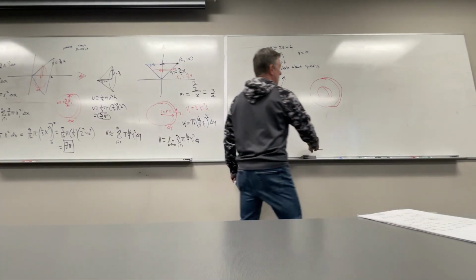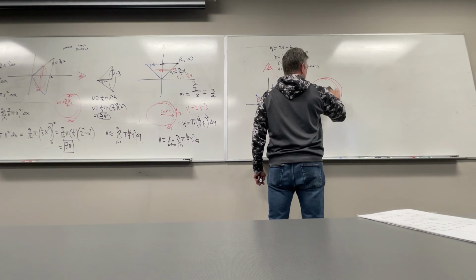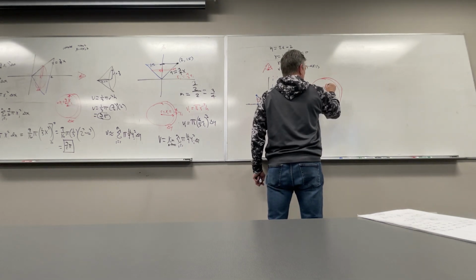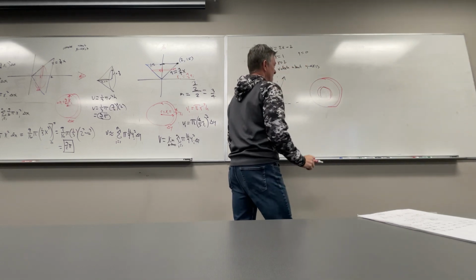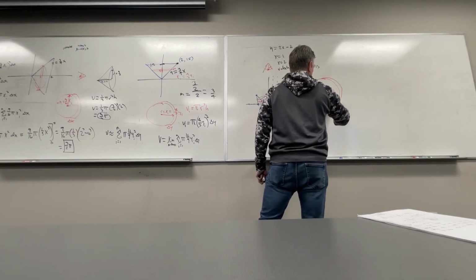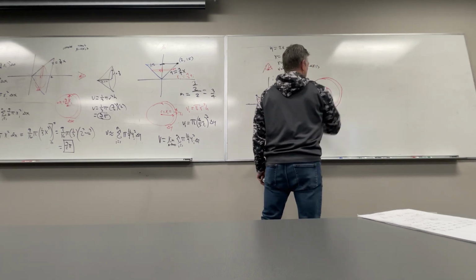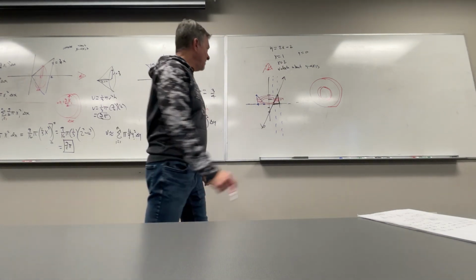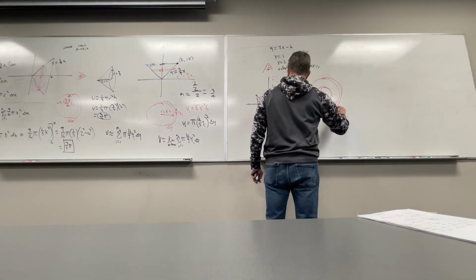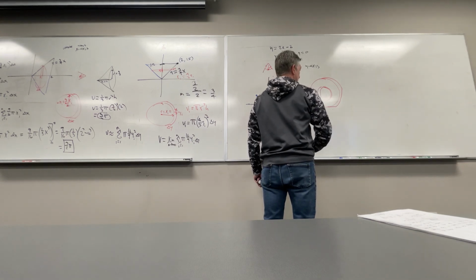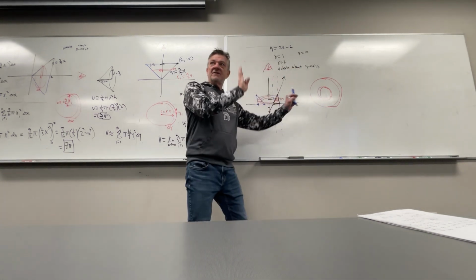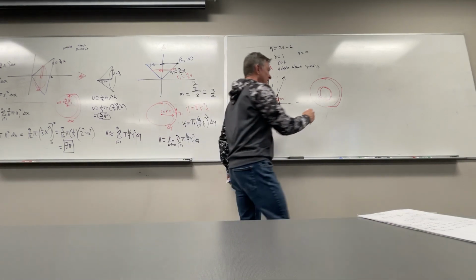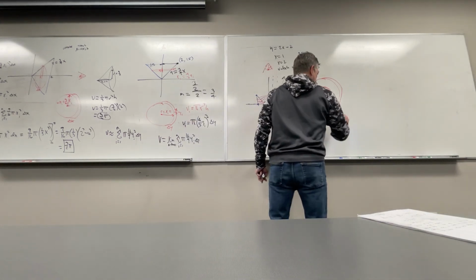But that's on the wrong side, isn't it? So there we go. I think that's what we would see. And I think that right there, yeah. Well, I've said it differently, haven't I? That's gonna be delta y, right?